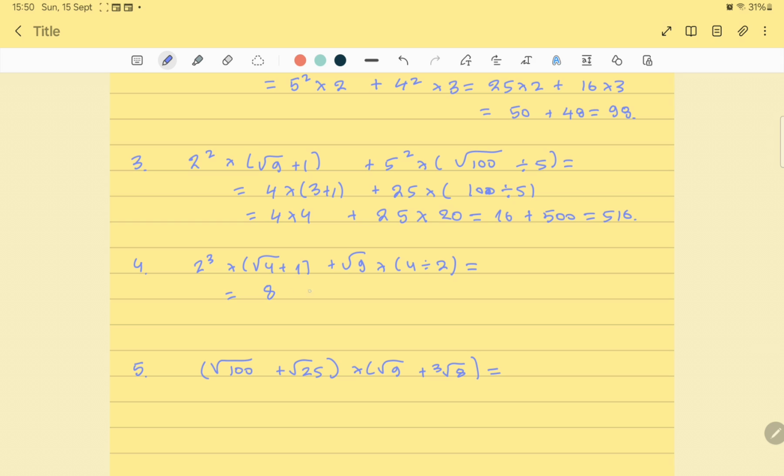2 to the power of 3 is 8, times square root of 4 is 2, add 1 here in the brackets, plus square root of 9 is 3, times 4 divided by 2 is equal to 2. So this is 8 times 3 plus 3 times 2. This is 24 plus 6 is equal to 30.